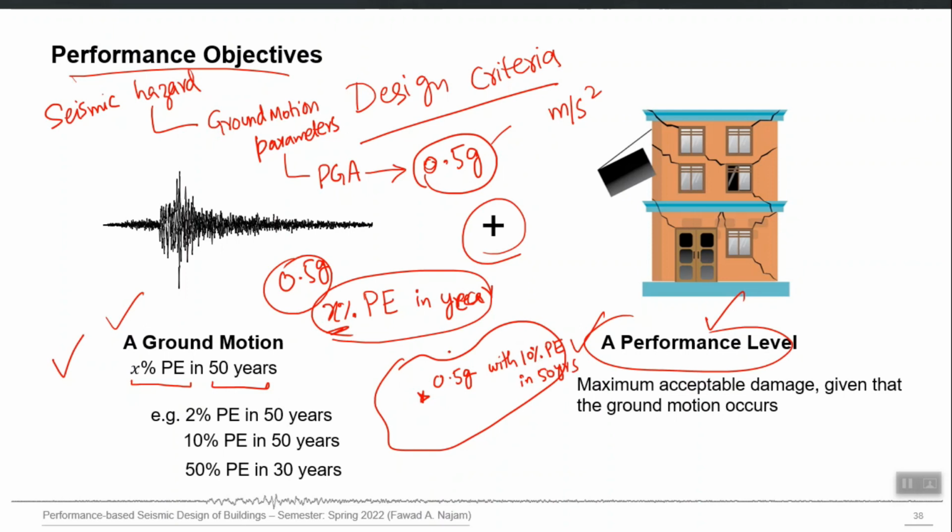What I am saying is that 0.5 g is the PGA number for your site, but there is a probability of exceeding that number also in the next 50 years. So, there is a 10% chance that in the next 50 years, whatever earthquake occurs will produce a PGA greater than 0.5 g, and a 90% chance that the PGA will be lower than this number, right, in the next 50 years.